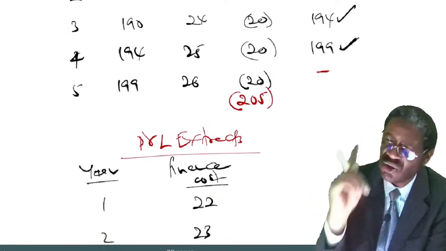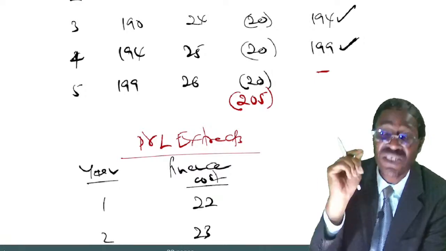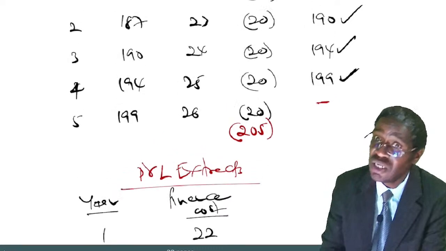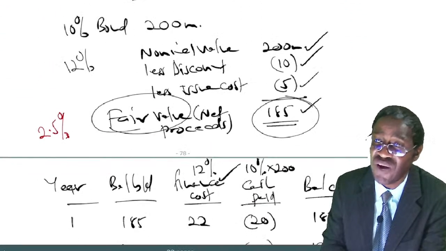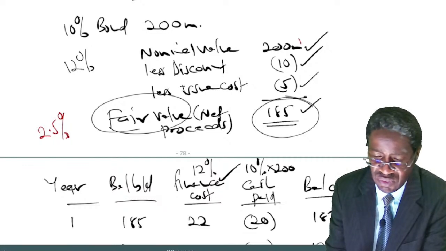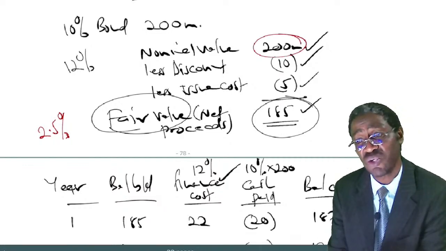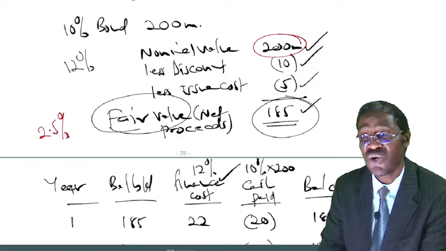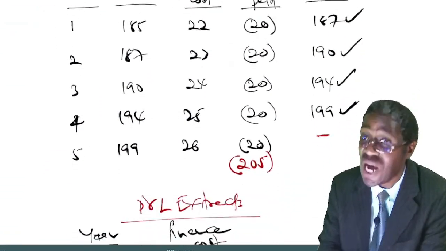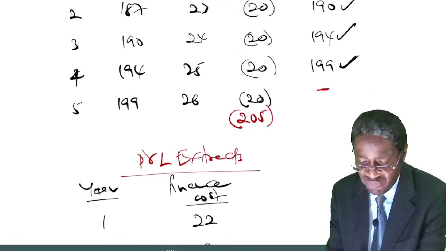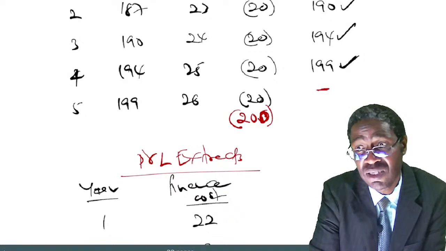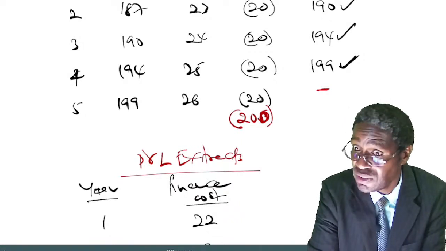If the question tells you you are redeeming your bond at par, remember we issued a bond whose nominal value was 200 million, so I would still have paid 200 million if you are redeeming it at par.